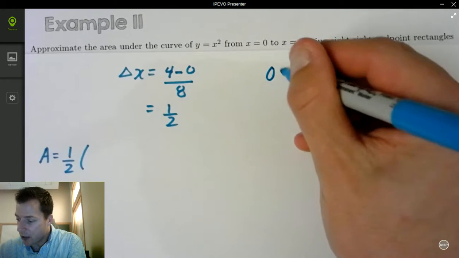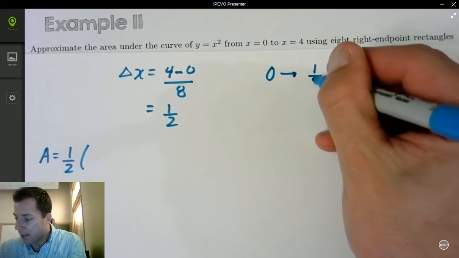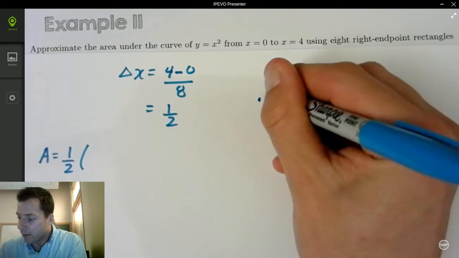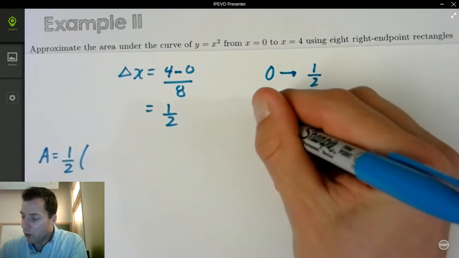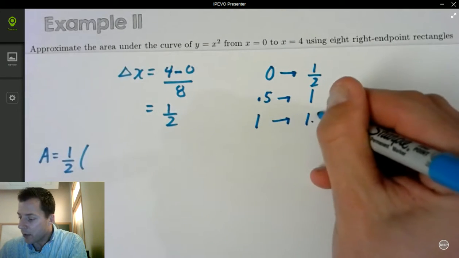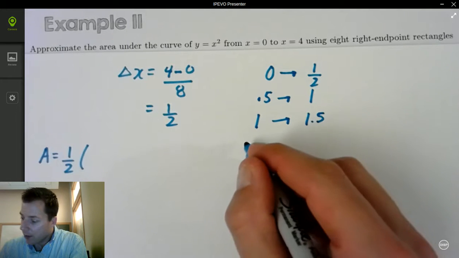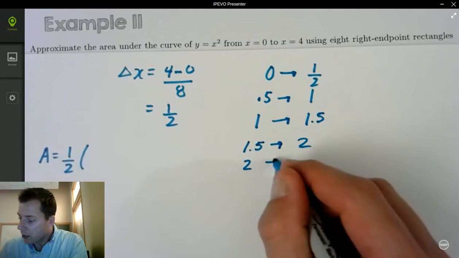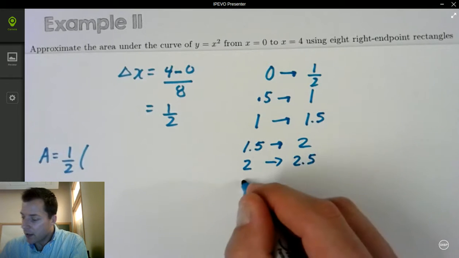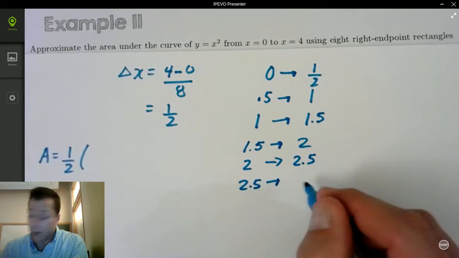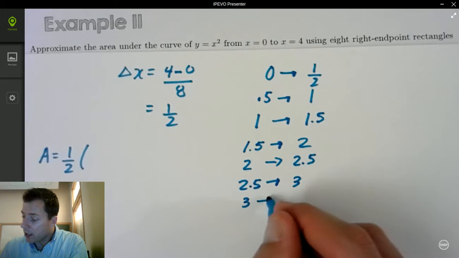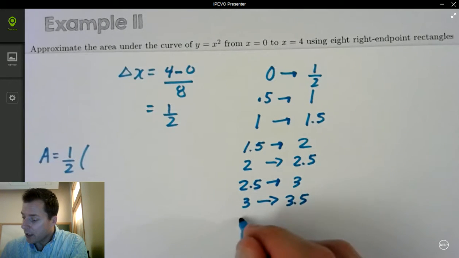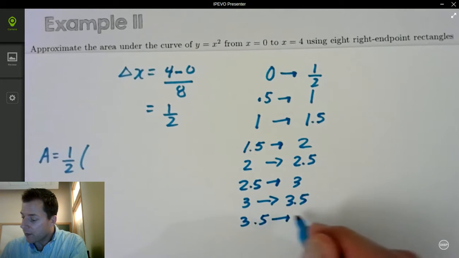We start at 0 and we go to 1/2. And I'm going to go half to 1, 1 to 1.5, and we keep going. 1.5 to 2, 2 to 2.5, 2.5 to 3, 3 to 3.5, and 3.5 to 4.